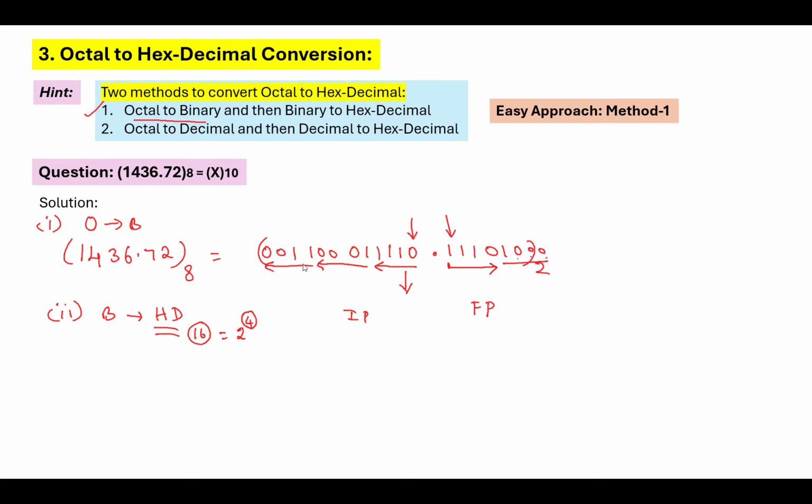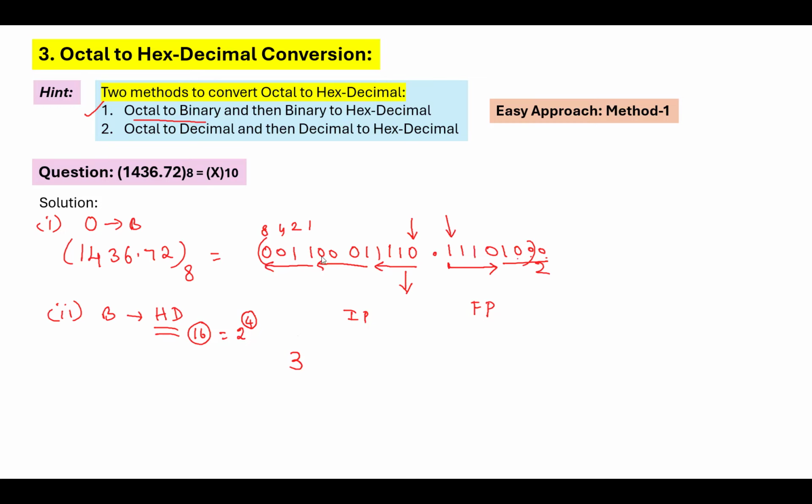Now we should write the equivalent hexadecimal digit for each group. To write the hexadecimal digit for each binary group, we should take the binary weights as 1, 2, 4, 8, that is 2 power 0, 2 power 1, 2 power 2, 2 power 3. The equivalent hexadecimal value is 3 for the first group.